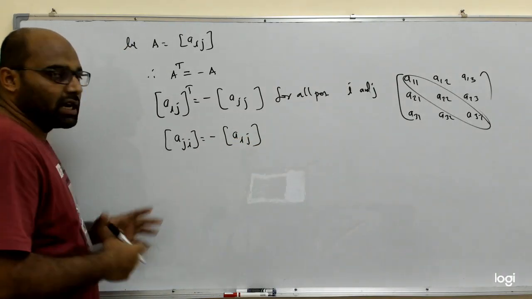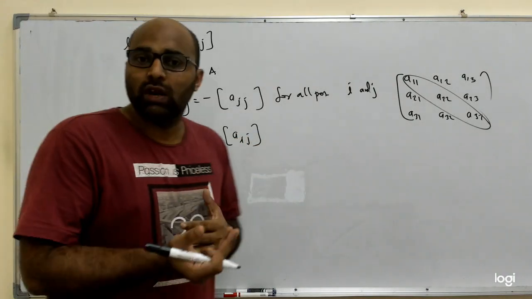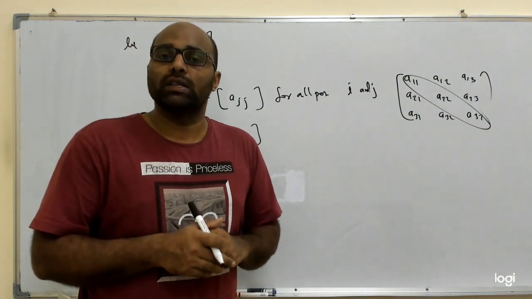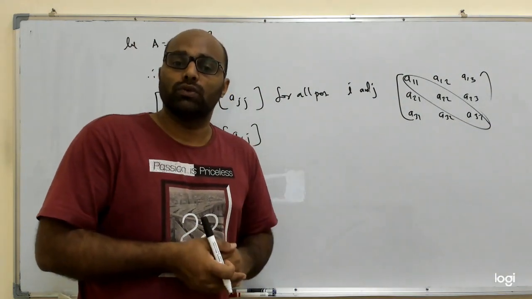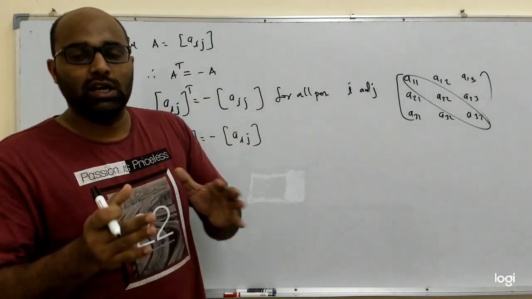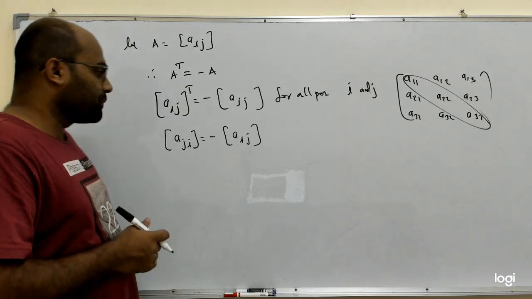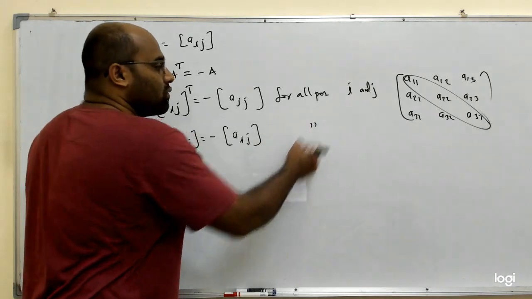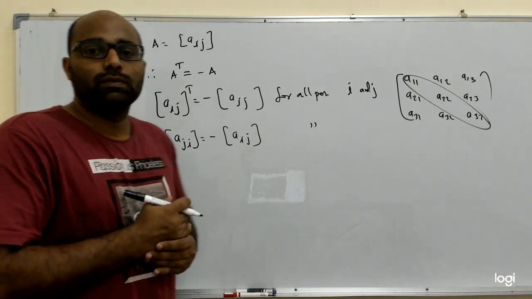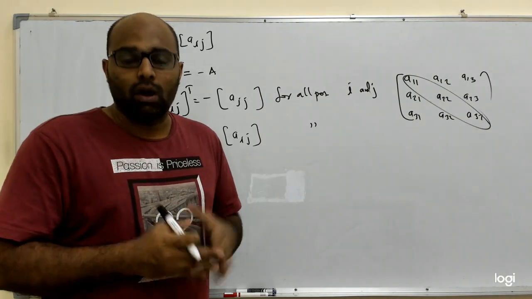Why Aji? In a transpose, A23 will become A32. If a matrix order is 2 by 3, then it will become 3 by 2. So the position will change. A12 will become A21, A32 will become A23. That's why, for all possible values of i and j. But we want to prove the diagonal elements.